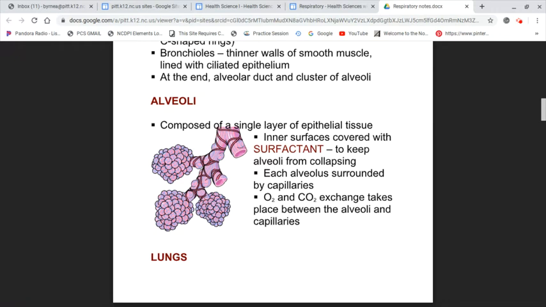So, surfactant increases surface area and keeps all those alveoli open. So every time you take a breath, that sac doesn't close, open, close, open. It's a fatty substance, therefore, just like the grease in our dishwater.